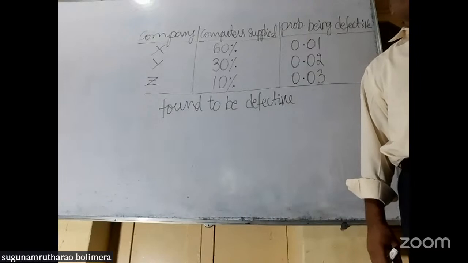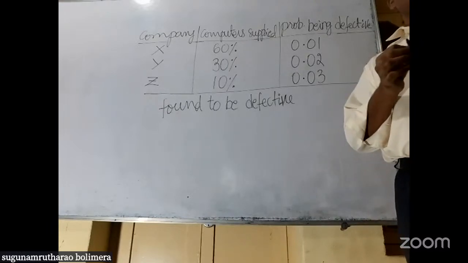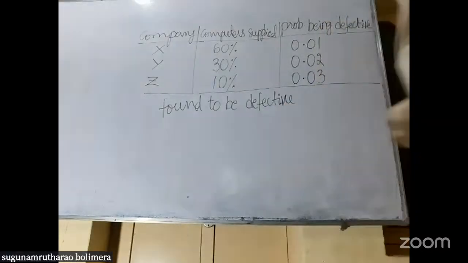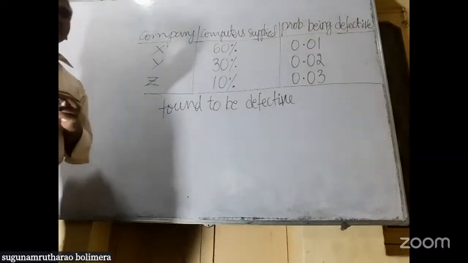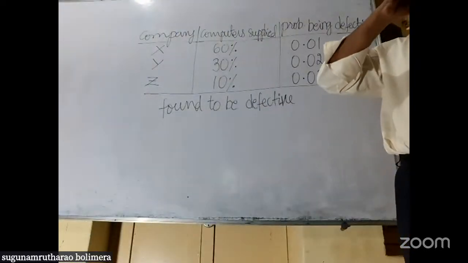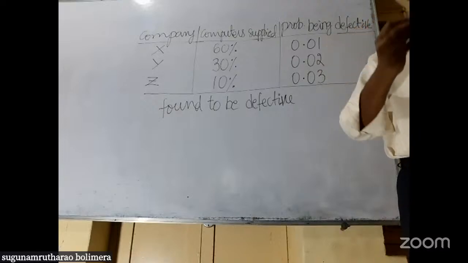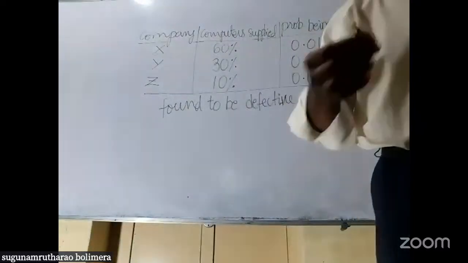What is the probability that it was supplied by company Y?